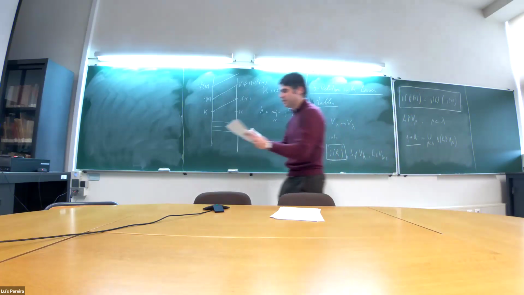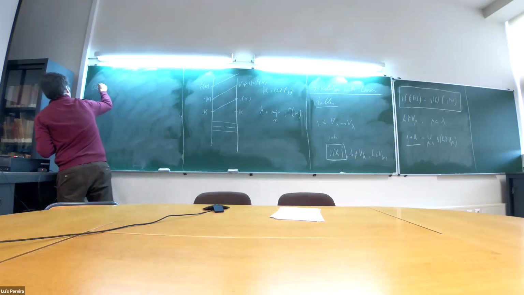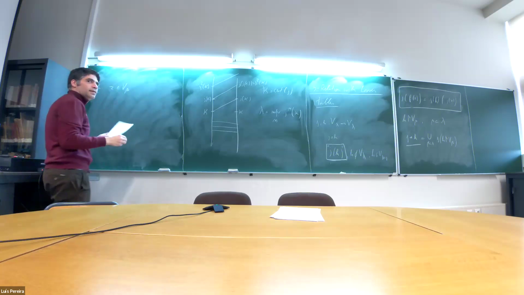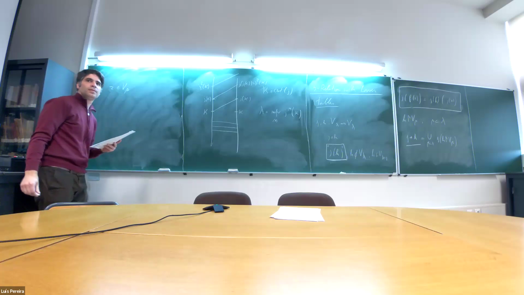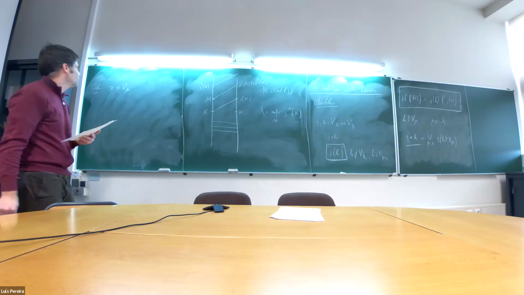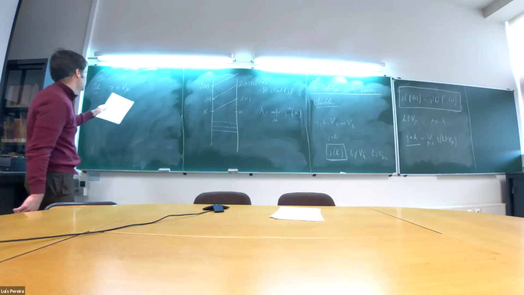So I will write here something. Imagine X is an element of V beta.